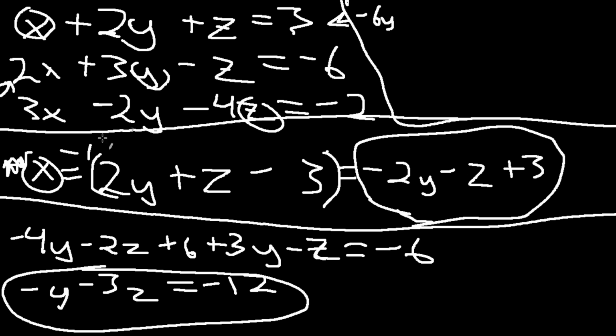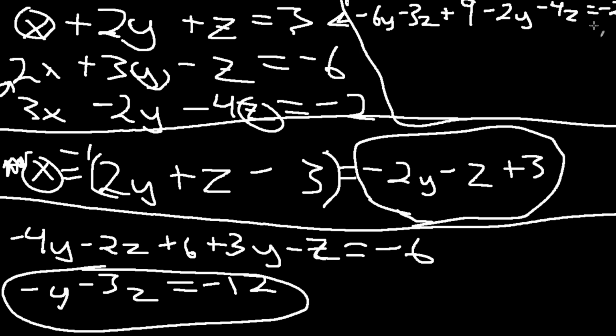Okay, 3 times z, that is z, right? Yep, or 3 times -z is going to be -3z, and then 3 times 3 is going to be 9, so +9. And then we just keep on with the rest of it. We got a -2y, then we got a -4z, and all that's going to equal -2.